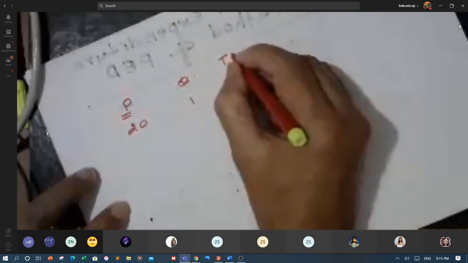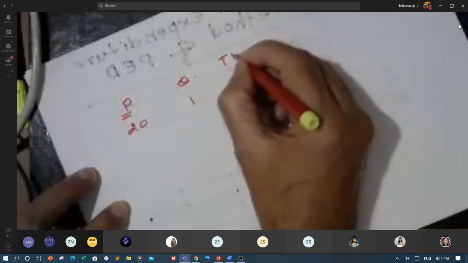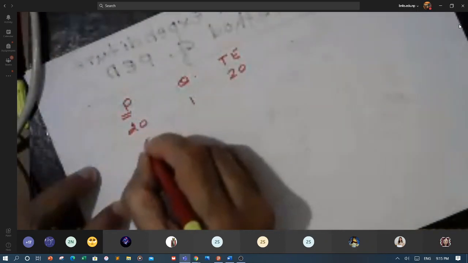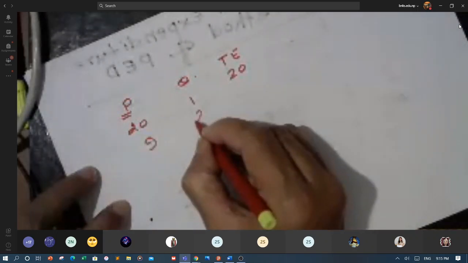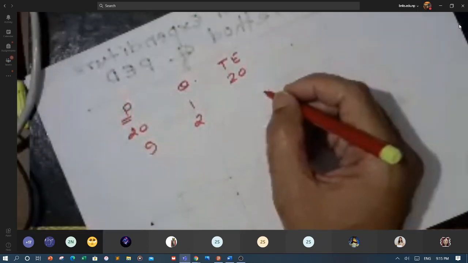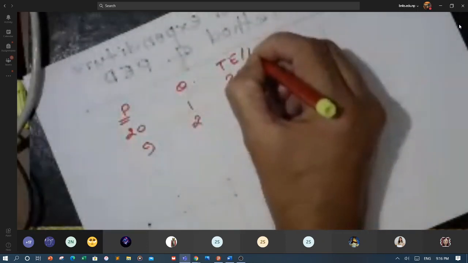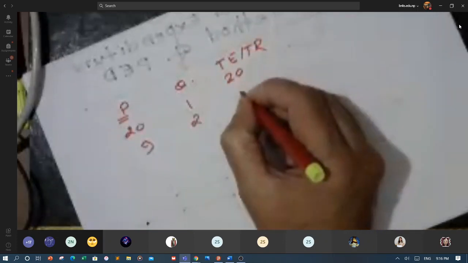Total expenditure is 20. Now price decreased to 9. But what has happened to the total expenditure or revenue? It has decreased to 18.